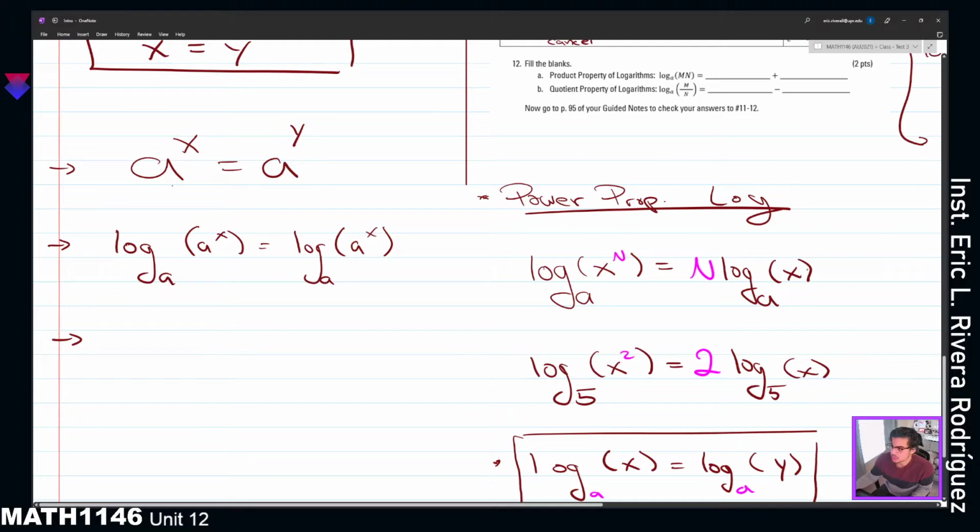Then I'm going to use the power property of the logarithmic function, so that brings down the exponents. The exponents here are x and y, so I bring down x as a factor, and also I do the same for y.